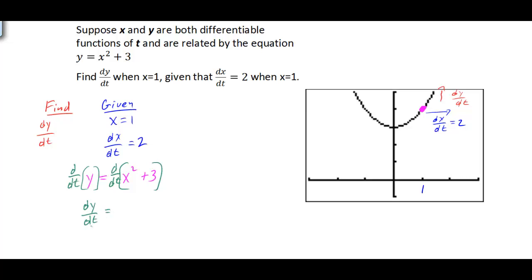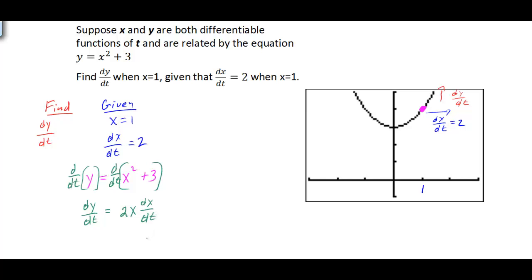So the notation here is going to be a lot better because you're going to realize the derivative is with respect to t. If we go to the right hand side, we have x squared plus 3. Once again, even though we have an x, it doesn't match up with our variable t, so we're going to have to take the derivative of x squared, which would be 2x, but we're going to have to use that chain rule where the derivative of x would then be dx/dt.